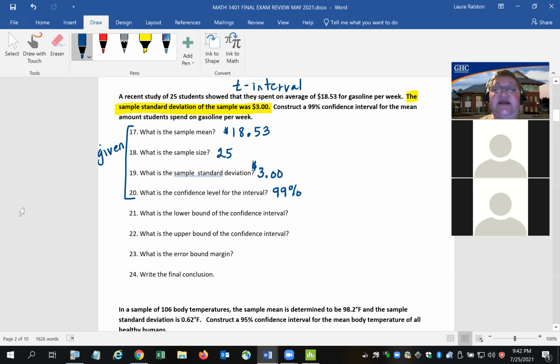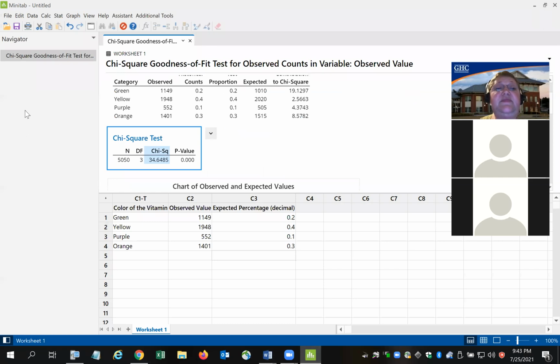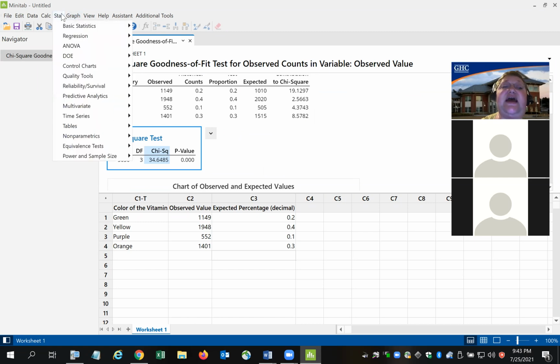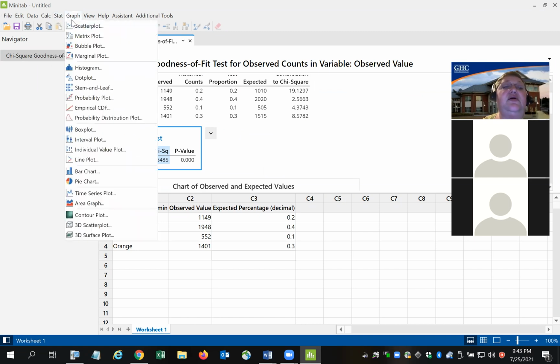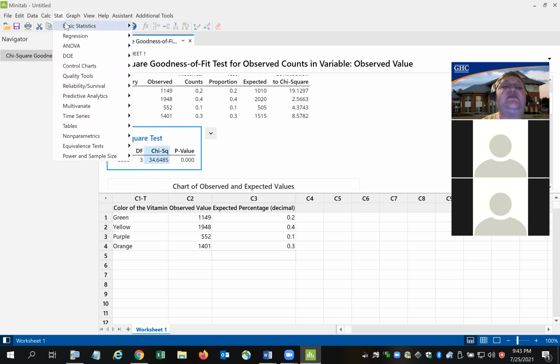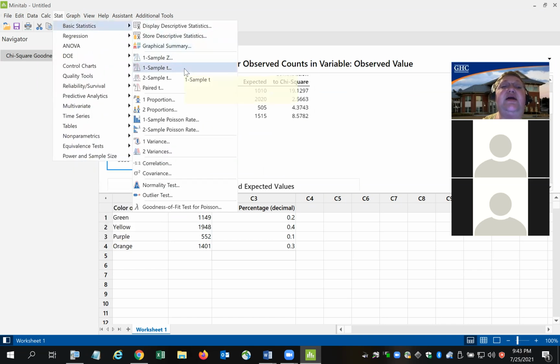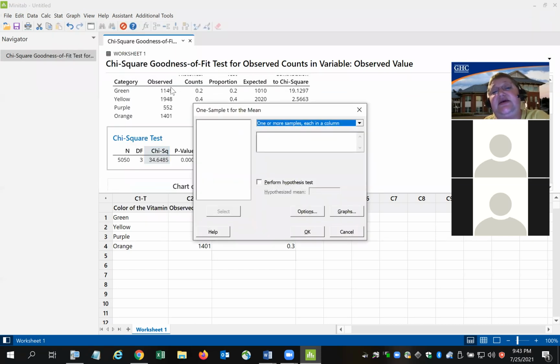Then I'm going out to Minitab, and I want to do a one sample T interval. So it's Stat, Basic Statistics, One Sample T. It's the same command we use for a hypothesis test. I have the summarized data.